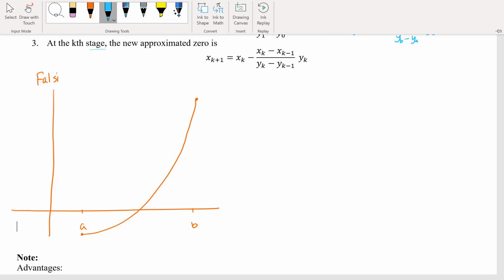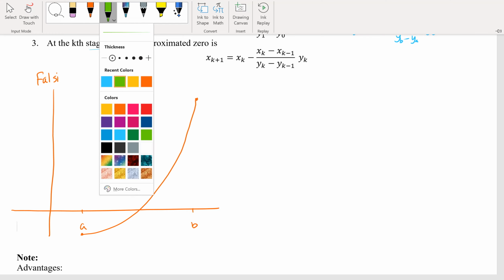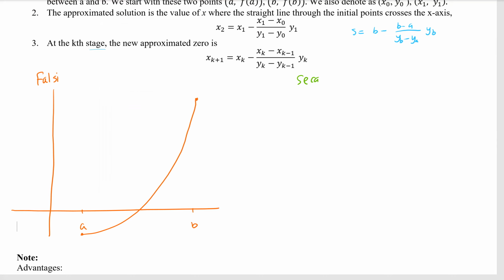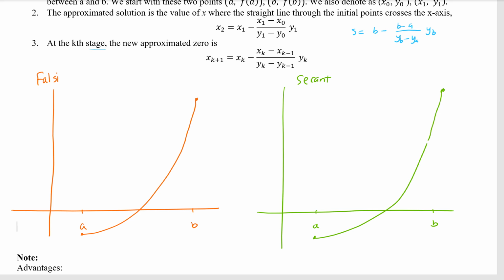And on the other side, let me use green color for the secant method. A here, B here, f of A, f of B, and then we draw it like this. Are they the same? I'm trying to make them look the same. So this is f, right?